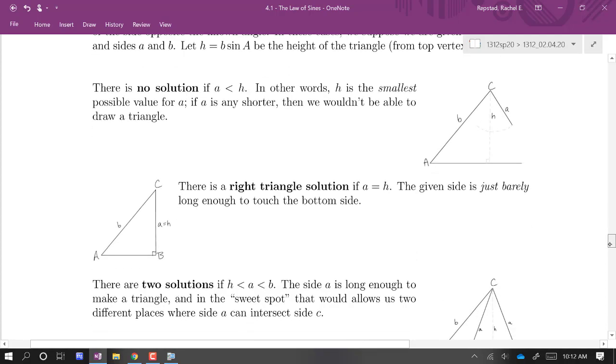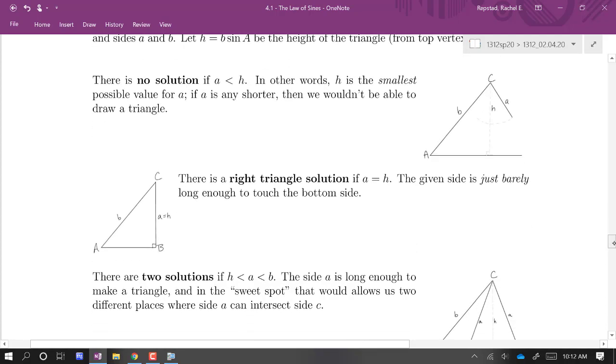So let's say, here's my known angle, and here's my two sides. I know A, I know B. Depending on the information given, it's possible there could be two triangles, one triangle, or no triangles.